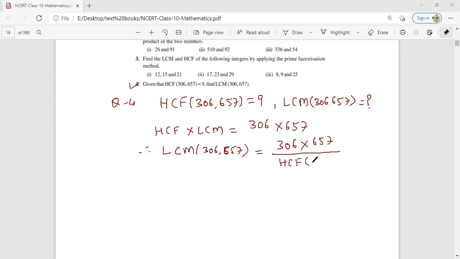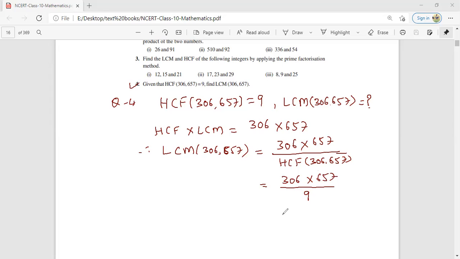This HCF will come here. It will divide the product. Okay. So HCF is 9, so 306 into 657 divided by 9.